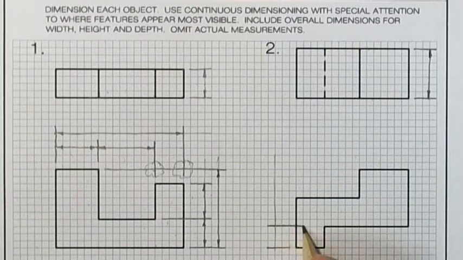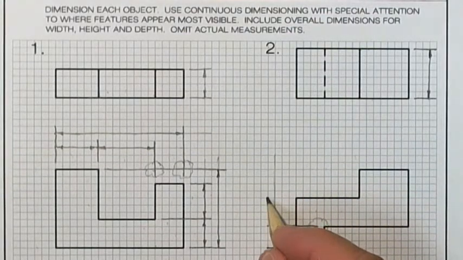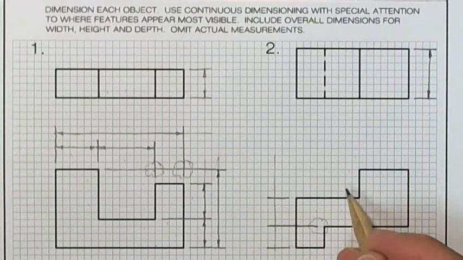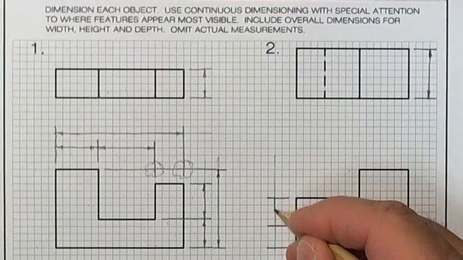And notice I am crossing over the visible line, but I'm still stopping short by one grid of the visible line here. I don't want it to look like this line continues on. I do want that gap. And then I'll put this measurement here, and I'll omit the third measurement.